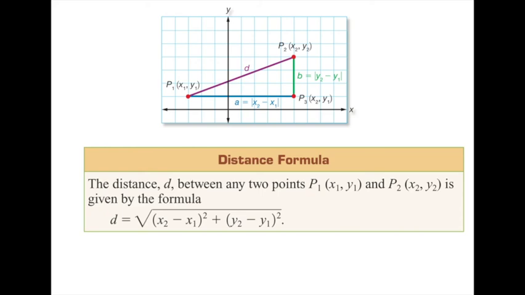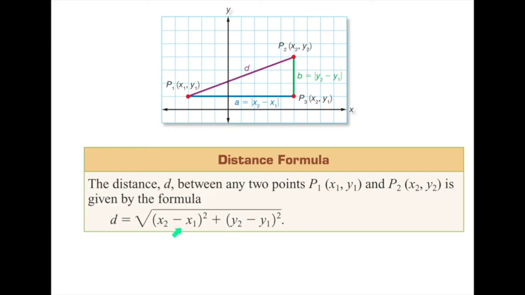Well, how do you find those lengths? How do I find the length of this? This is just the distance between the two x's. Subtract your x's. How do I find this length? This is just the distance between the two y's. Subtract those, right? And so the distance squared plus the distance squared equals the distance squared, okay? So that's how we come up with this formula.